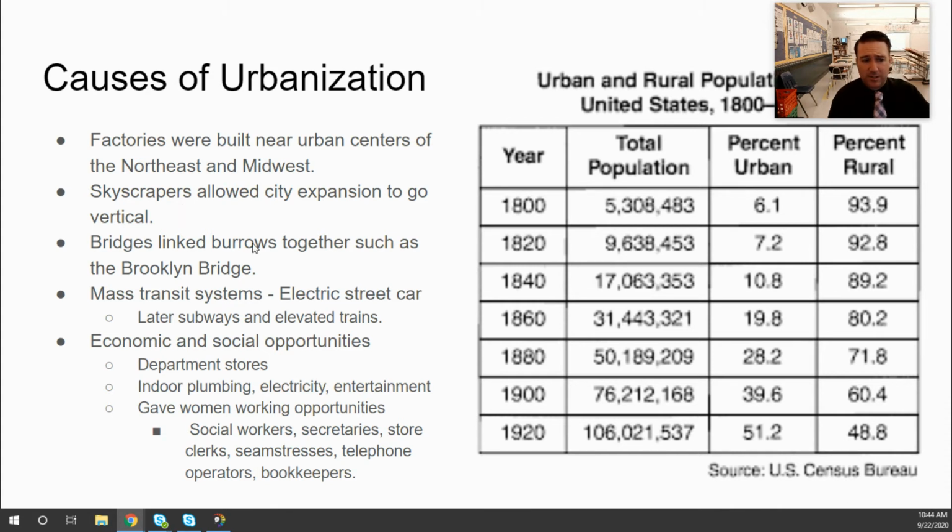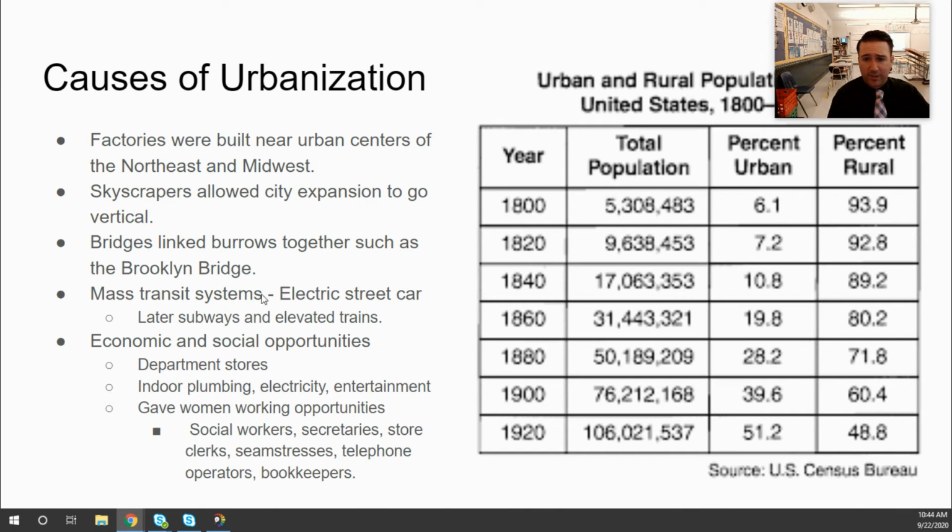Steel is also going to be used to build bridges that link the different parts of the city, because prior to this, especially early on when industrialization comes, a lot of the cities are near riverways, because they would use the water to power the mills until it's replaced by steam engines. Even then, they would want to be near waterways where they can use the waterways to transport their goods out into different markets.